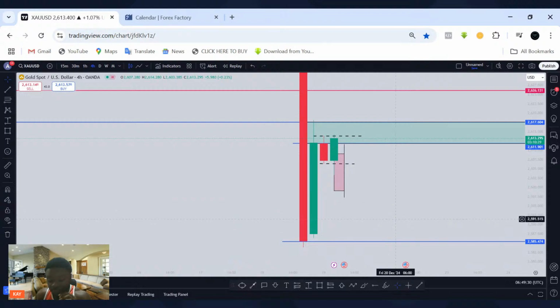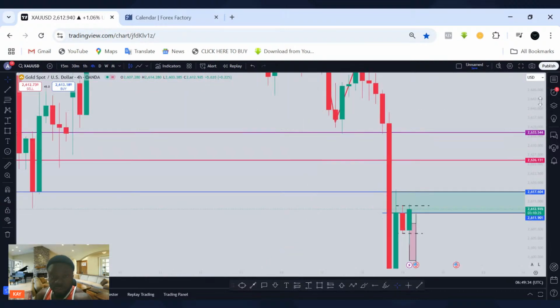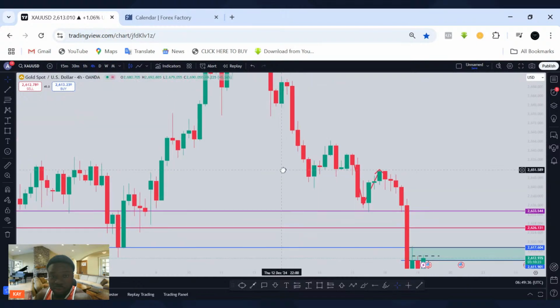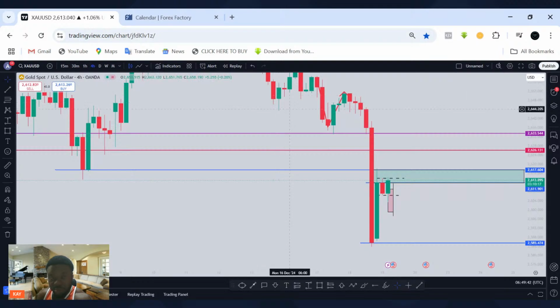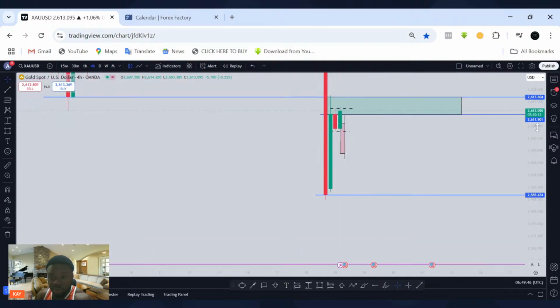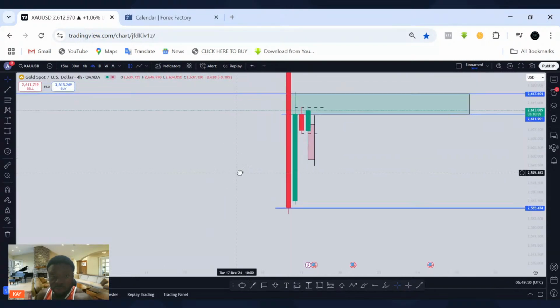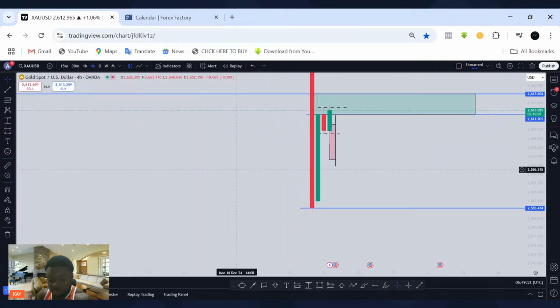Sometimes some of these structures get invalidated, because I witnessed one this week, the same thing with a pin over here, it failed. The same thing happened over here. So that's why it is important you apply risk management in anything that you do, because some of the setups will fail.